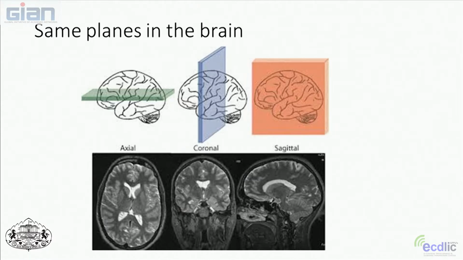And of course, these views can be moved. So you could scroll through axial like this, or coronal from front to back, or sagittal from left to right. And these are important when we start looking at imaging, so we can define what direction we're looking at of the brain.